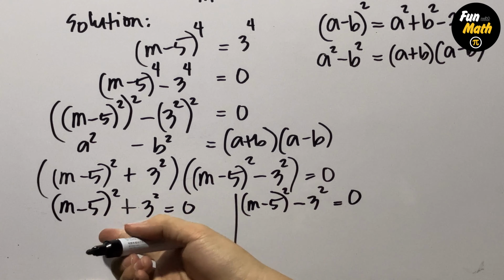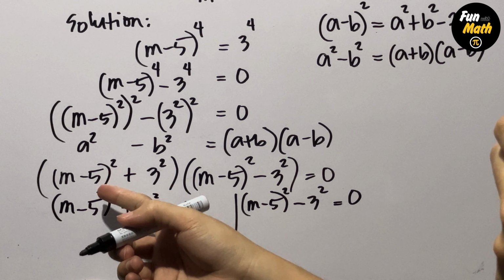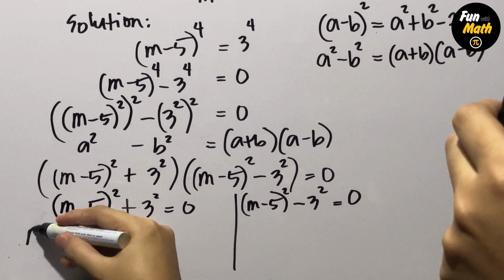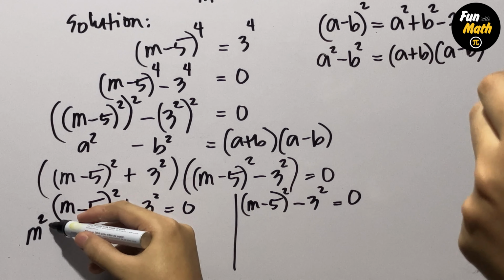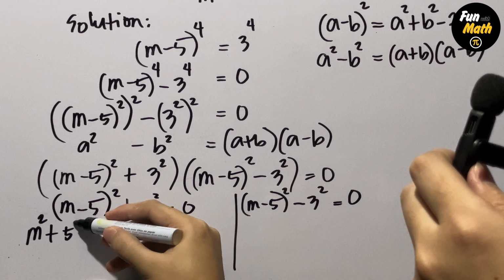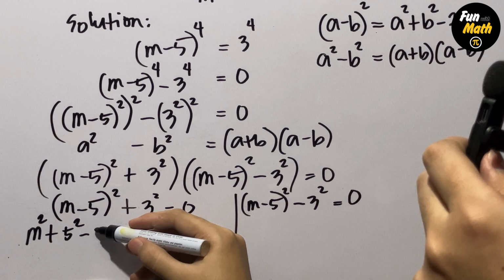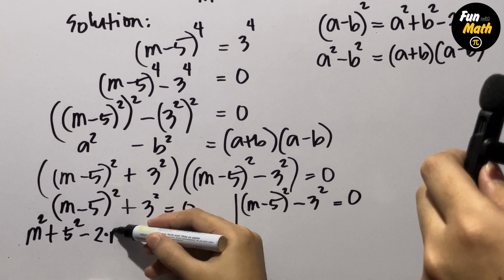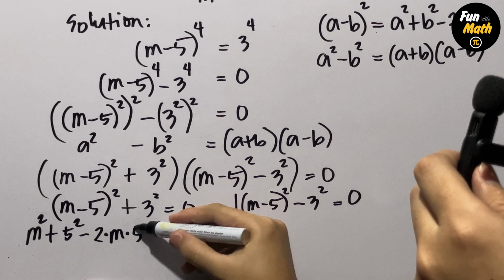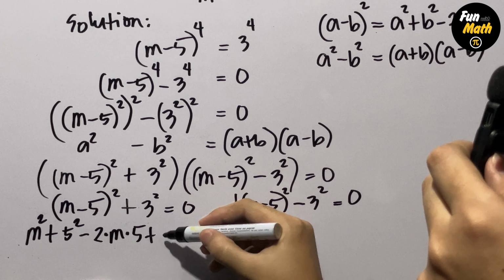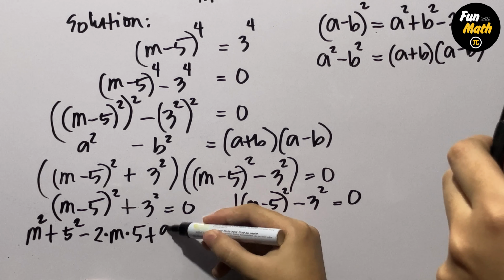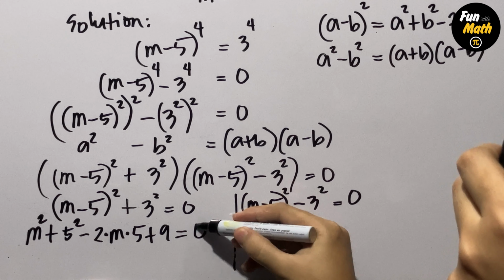So now, for (m - 5)^2, that is m^2 + 5^2 - 2 times m times 5. Then plus 3^2, that is 9, is equal to 0.